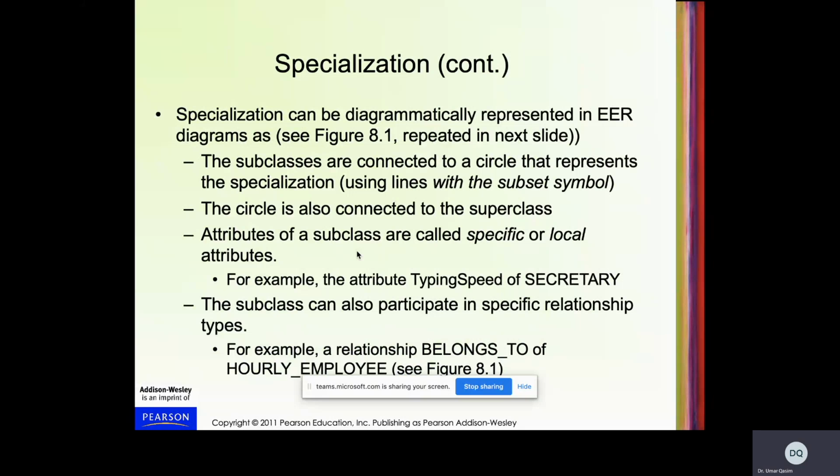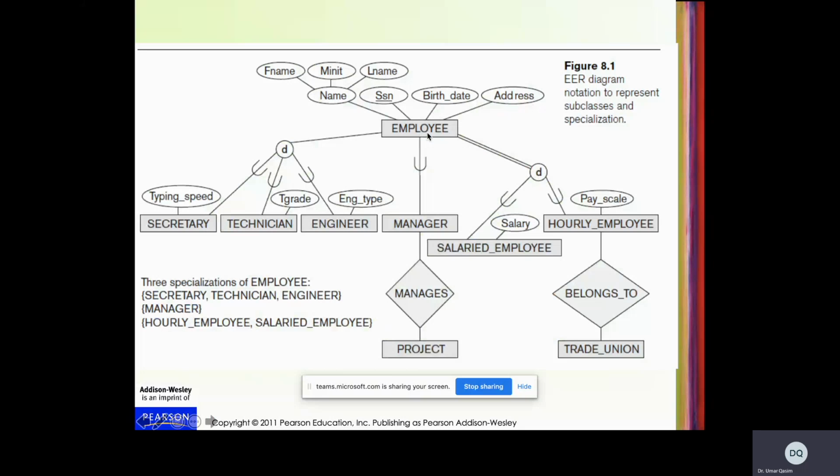This specialization is denoted by circles. If you look at these circles, they are showing specializations.